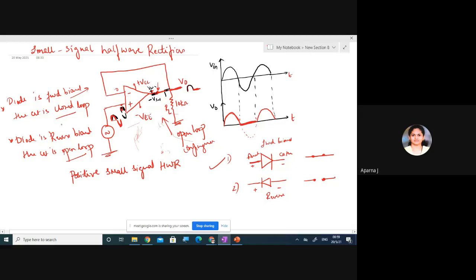In other words, in closed loop, V naught will be almost equal to V in, and for open loop, V naught will be equal to 0. So that's what we can write. Now in the waveform also, we can mention which diodes are on and when they are off. So D1 is off here and D1 is on. Correct?